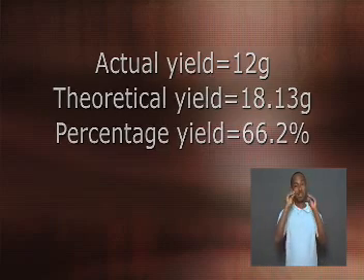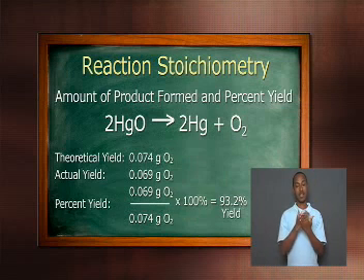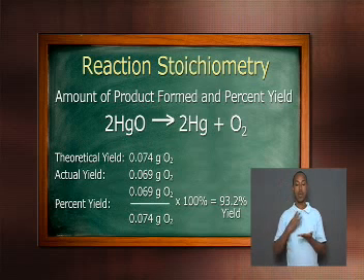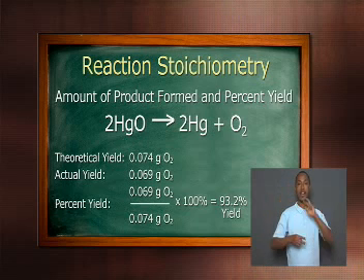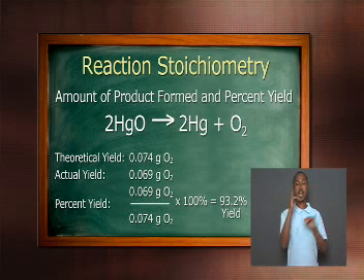In today's lesson, we learned about theoretical, actual, and percentage yields. We learned that the theoretical yield is the maximum amount of product we expect from a reaction if the limiting reactant is completely used up according to the balanced equation. We learned that actual yield is the measured amount of product obtained in any chemical reaction.